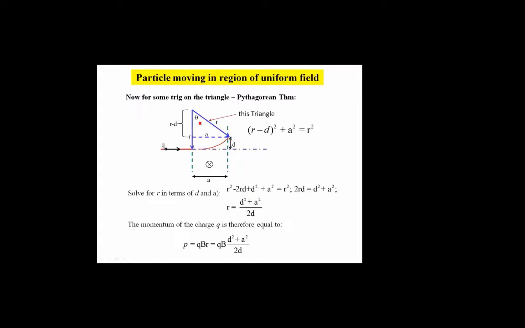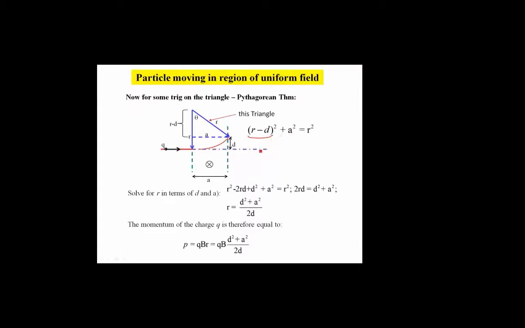And the angle theta is the angle between the vector r, which is where the particle enters, and this vector r when it leaves. And a, of course, is the base distance between the edges of the B field. So if we take that triangle, we can write it as (r minus d) squared, because that's this distance here, plus a squared is equal to r squared, and that's what we show here.